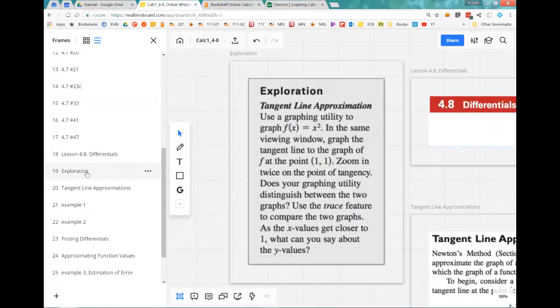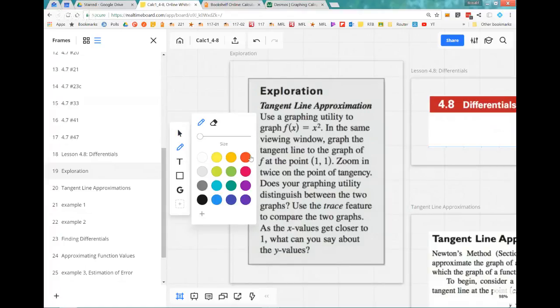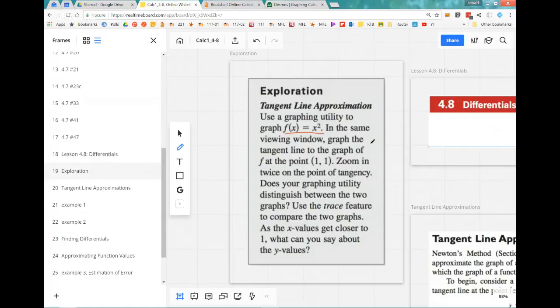The concept here is to use a graphing utility to graph this thing, and then in the same viewing window, graph the tangent line to the graph at the point (1, 1).